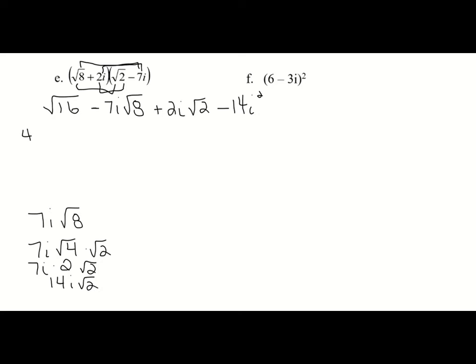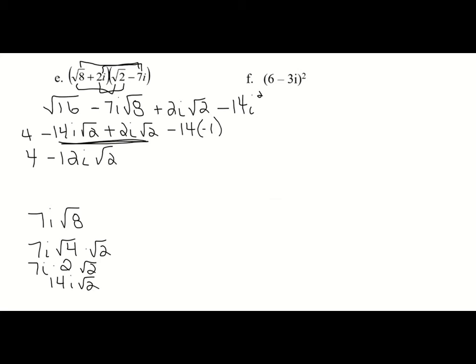So I'm going to do minus 14i square root 2 plus 2i square root 2 minus 14, and that's an i squared, so times negative 1. All right, so now we have 4. I can combine these middle two now because they're like radicals. So negative 14i plus 2i will give me negative 12i square root 2.